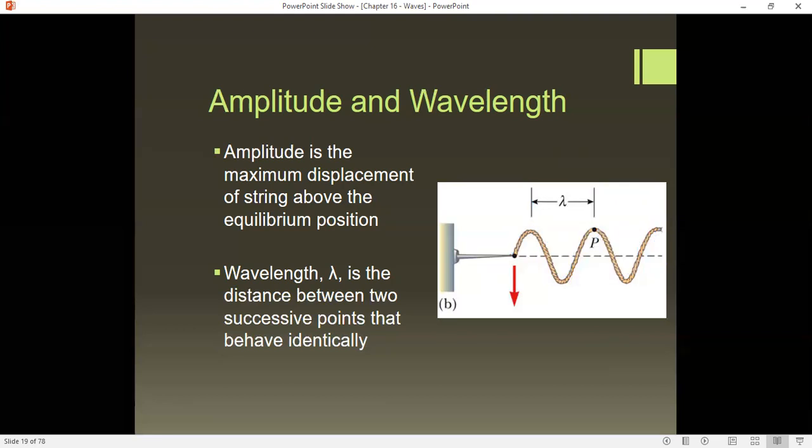If I were to slow the oscillator down, and it would oscillate like this, then the wavelength would become longer. So generally, increasing the frequency will drop the wavelength, or the wavelength will become smaller. Decreasing the frequency makes longer wavelengths.